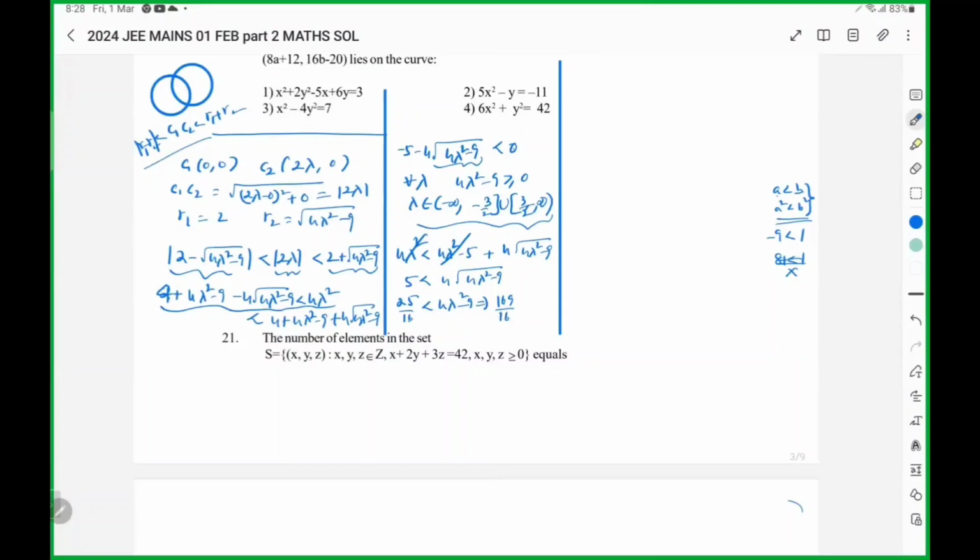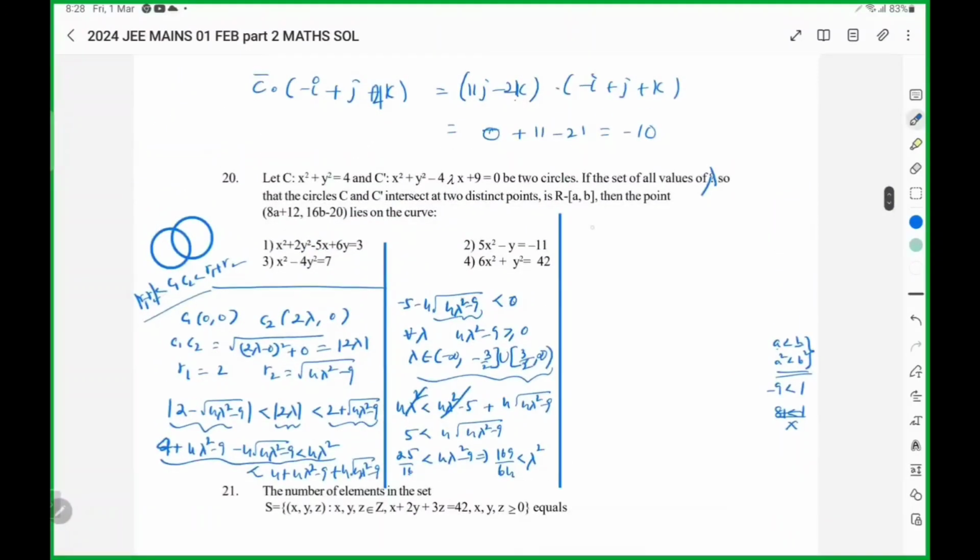That is, here I can write 64 straight away, is less than lambda square. That is, lambda square minus 13 by 8 whole square is greater than 0. So then I can write here lambda lies between minus infinity to minus 13 by 8 and open interval 13 by 8 to infinity.